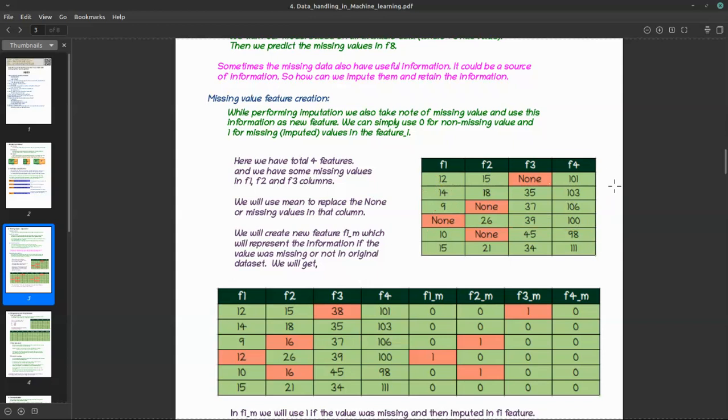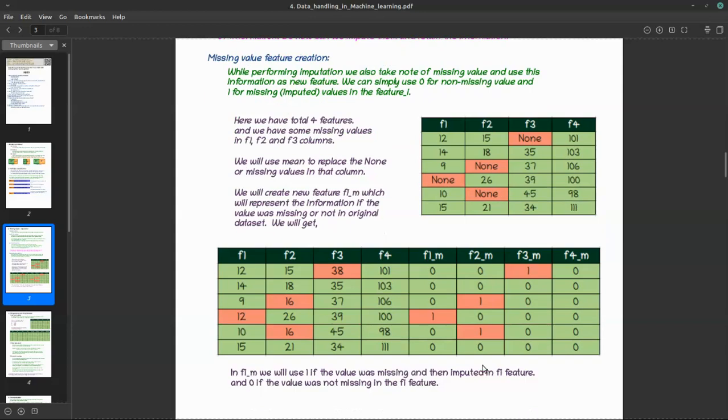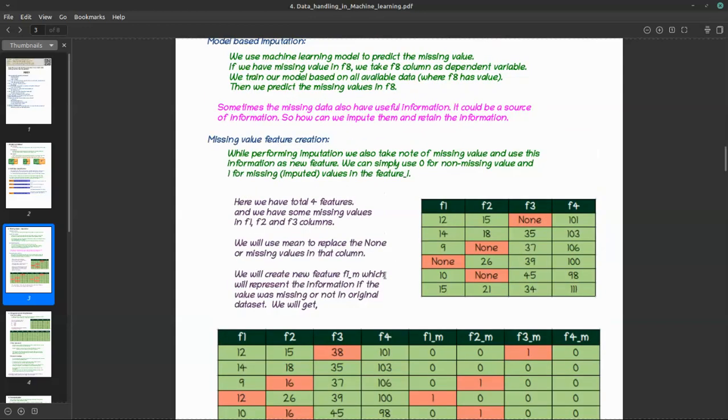But if it was a regression problem, then 3.54 is not possible, so you will consider the rest of all the values of your column to calculate the mean, median, or mode. I guess in this case we are using mean. It looks like mean.